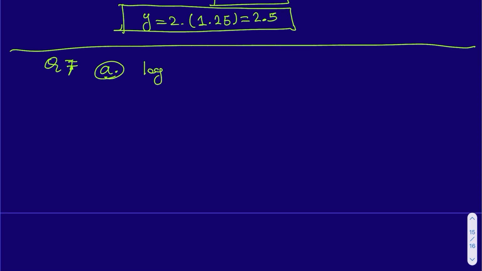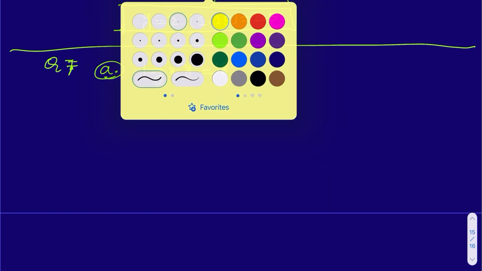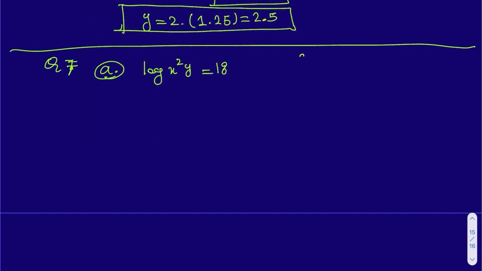So this is log x to the power of 2 times y is equal to 18, and we need to prove it. How we need to show how we can write it in this form: 2 log x plus log y is equal to 18. And it's quite simple.